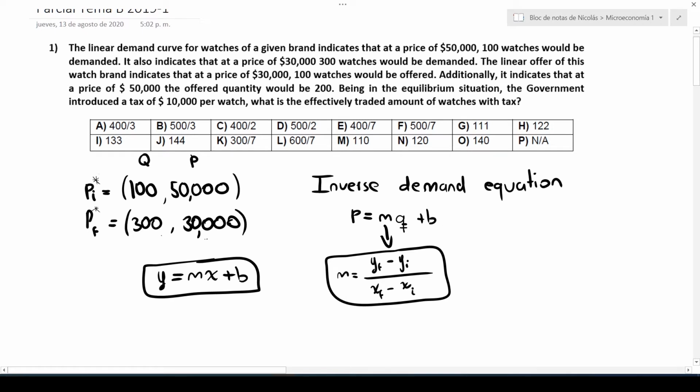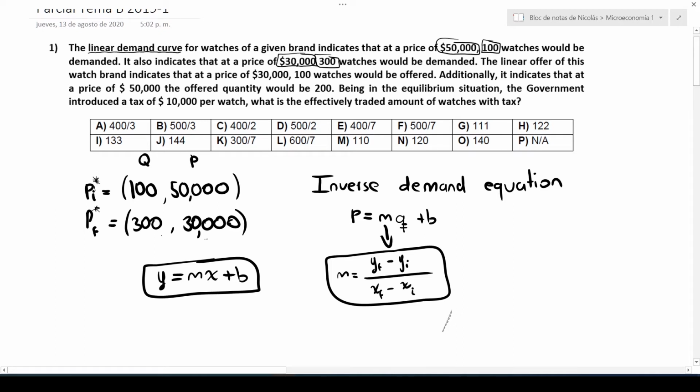So we're going to be focusing on the fact that they're saying that this is a linear demand curve, and they give us 2 points. Point 1 says that 100 watches will be demanded at a price of 50,000, and point 2 says that 300 watches will be demanded at a price of 30,000. I labeled both of them as initial price and final price.